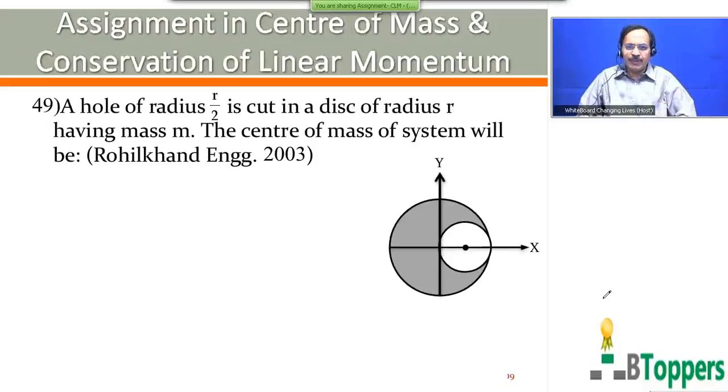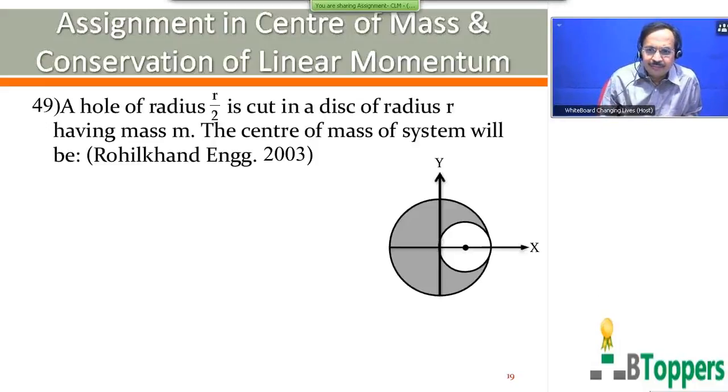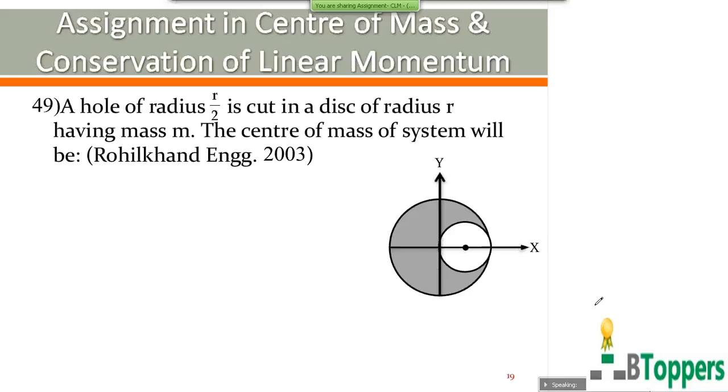In this case I have discussed one of the special cases earlier: if a small circular piece of radius small r is removed from one edge of a uniform circular plate of radius capital R, then the distance of the center of mass of the remaining plate from the center of the original plate will be small r square by capital R plus small r.